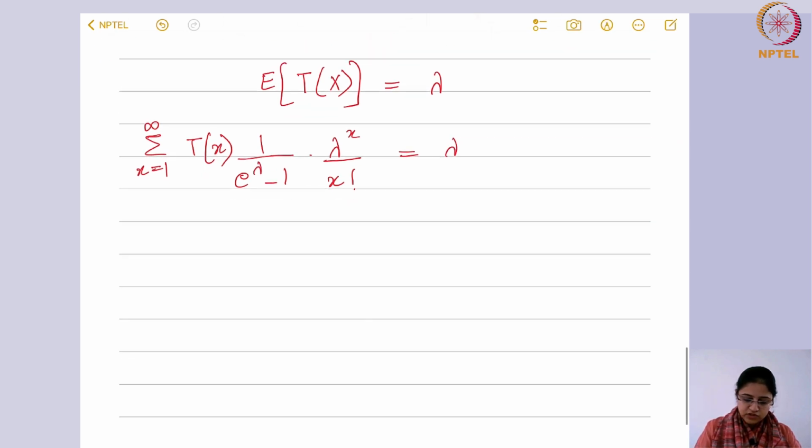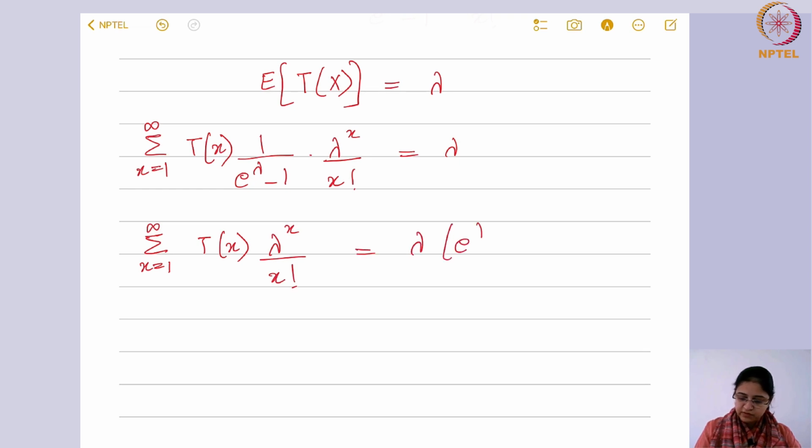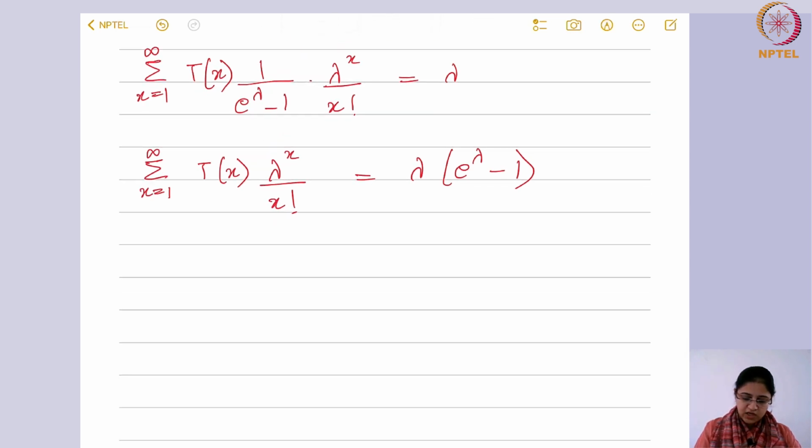Alright. Now if you simplify this, it is the same as expectation of t. In this summation of t(x), we can keep the x terms over here, and we can take lambda into e power lambda minus 1 to the right hand side. Now if you expand this, it is t(1) lambda over 1 factorial plus t(2) lambda square over 2 factorial and so on.